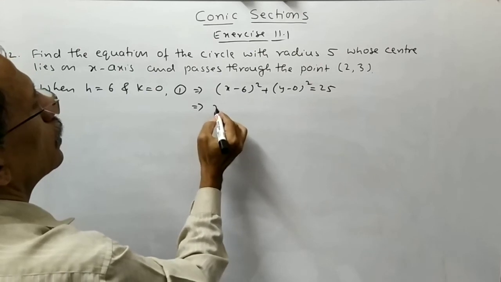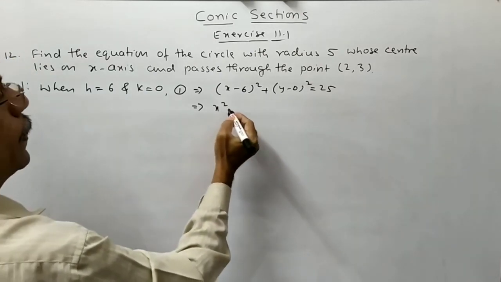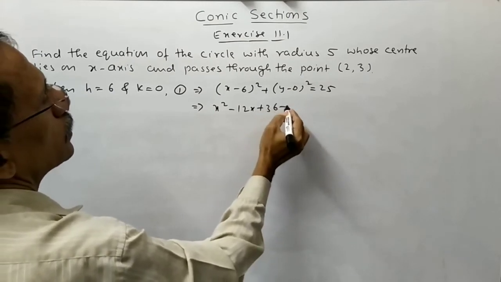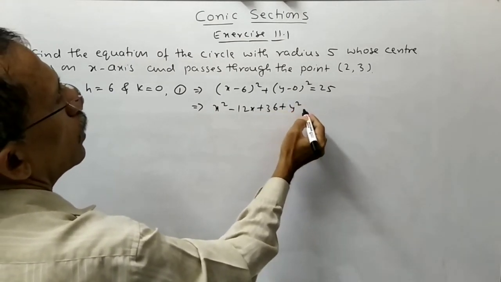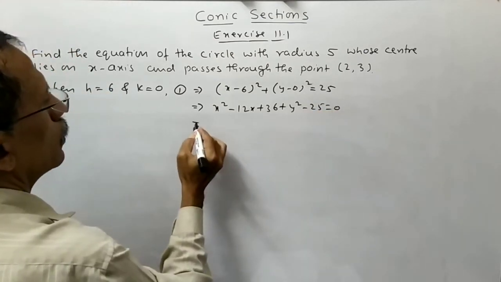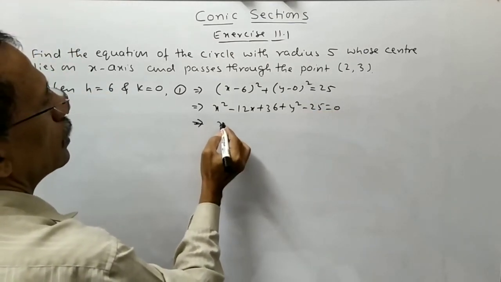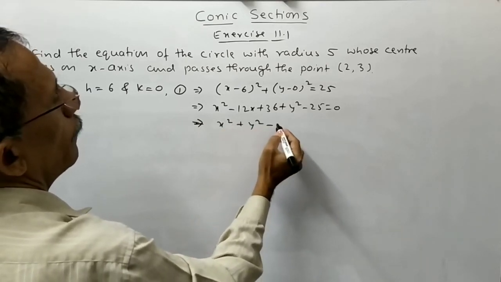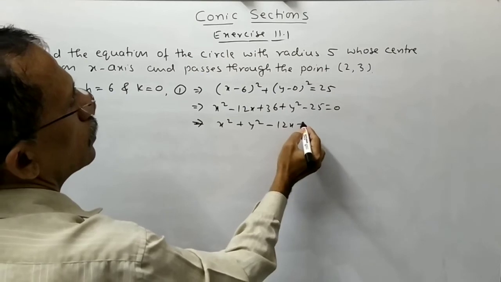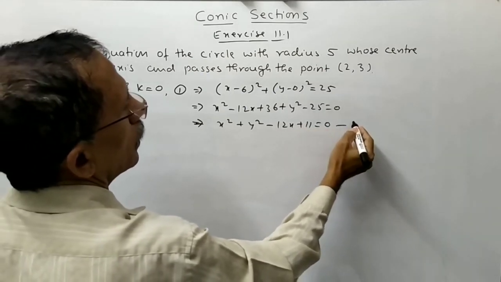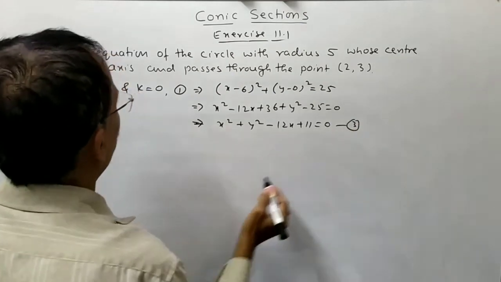This implies x square minus 12x plus 36 plus y square minus 25 is equal to 0. This implies x square plus y square minus 12x plus 11 is equal to 0. Say number 3.